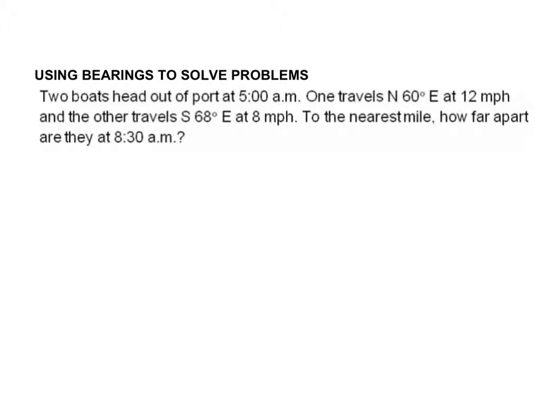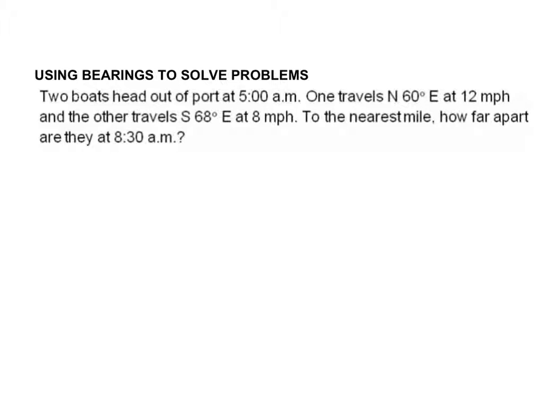So this is kind of one of those weird questions. One of the first things we need to understand is that we're trying to find the distance apart of each of these boats.